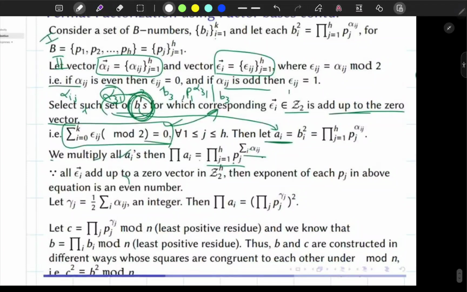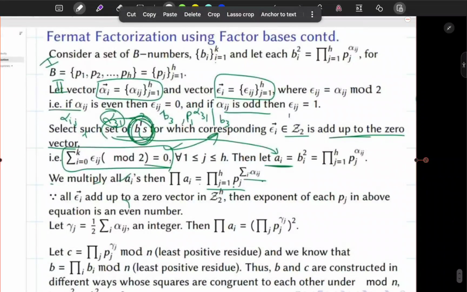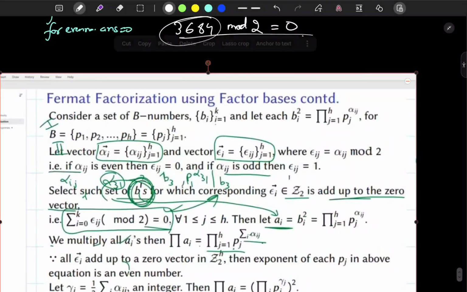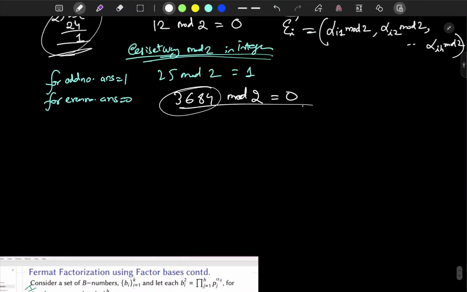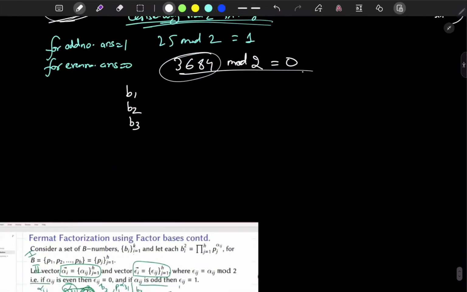Now tell me how many numbers you have: B1, B2, and so on up to BK.